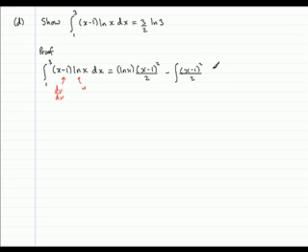Differentiating natural log of x is 1 over x. Let's just put that in brackets, and it's integrated with respect to x. We've got limits here between 1 and 3, so I need to put some square brackets around this, and so it's integrated between the limits 1 and 3.